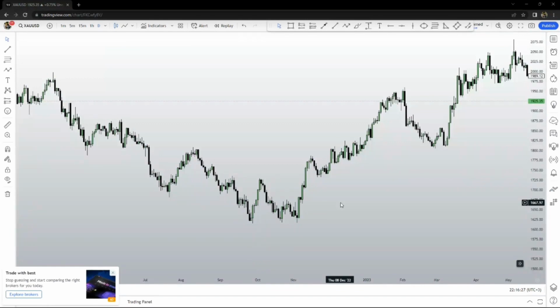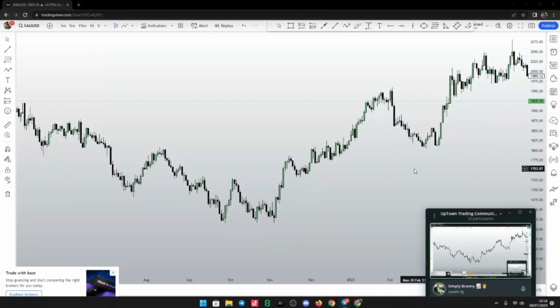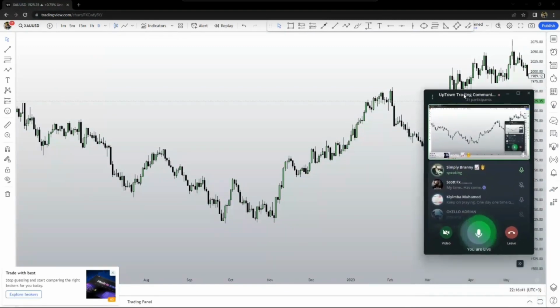They know how to spot bearish and bullish market structure. If we start from zero, it's going to take us time, like 6 months.